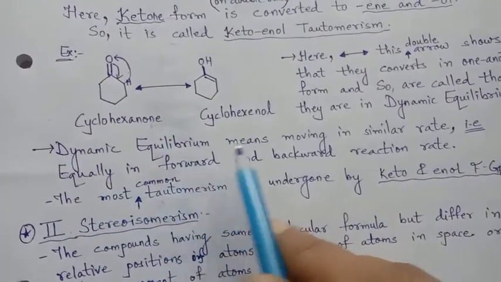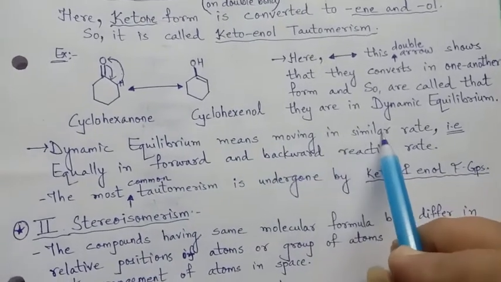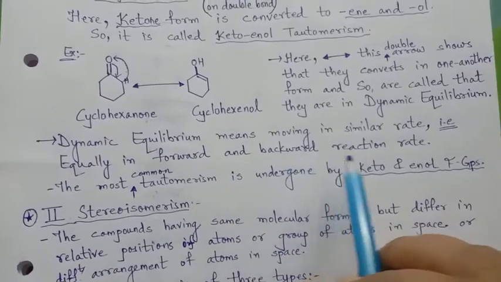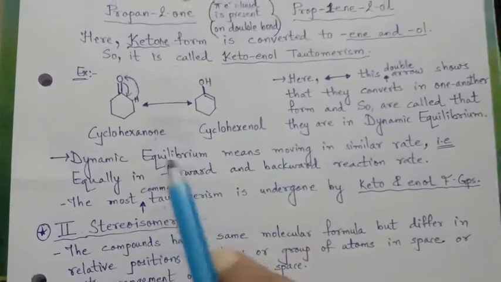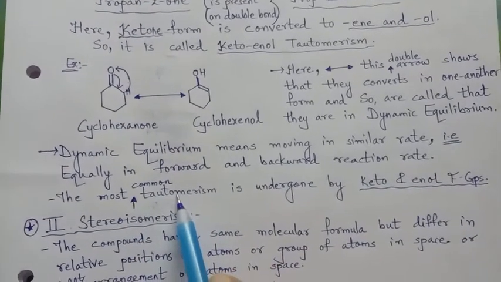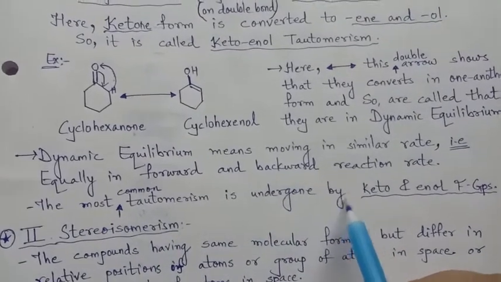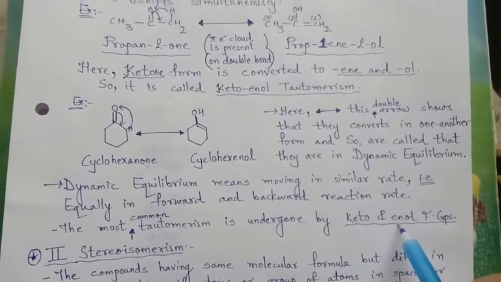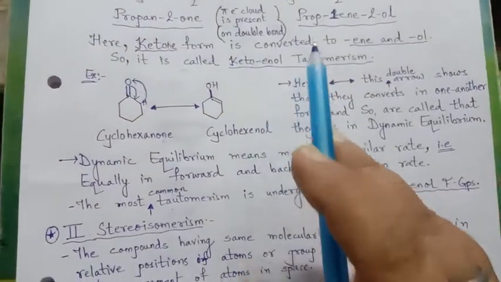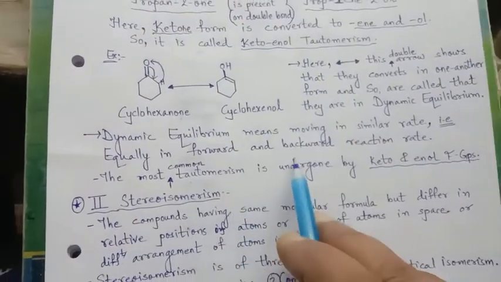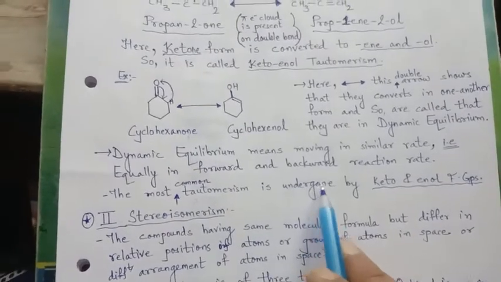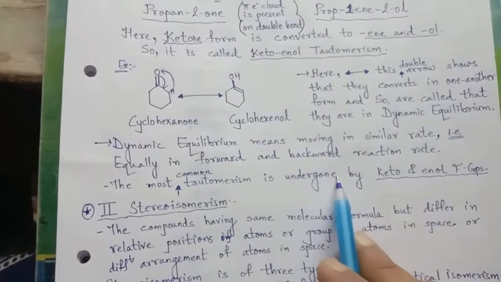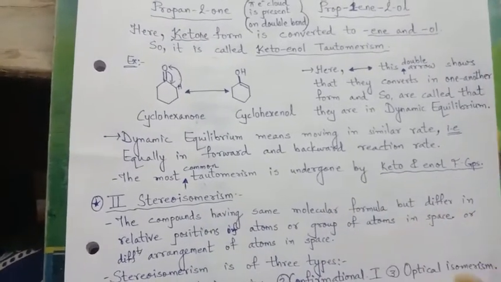Dynamic equilibrium means moving at a similar rate, that is equal forward and backward reaction rates. The most common tautomerism is undergone by the ketone and enol functional groups. So keto-enol tautomerism is the most common tautomerism, right? So these are the 5 isomerisms which fall under the category of structural isomerism.